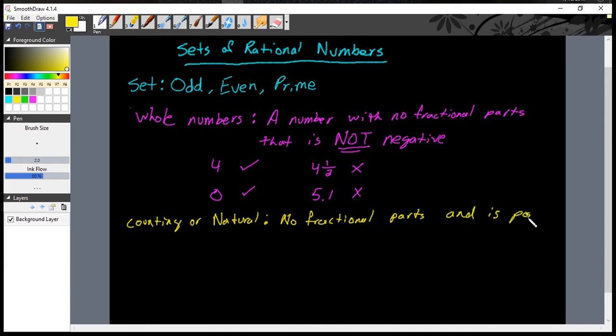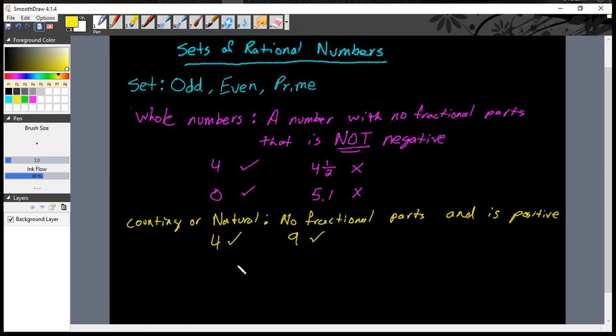So it looks the same. The whole numbers are not negative. Counting or natural numbers are positive. So it's a lot of the same numbers. 4, 9, these are both counting natural numbers. These are numbers you would count with.